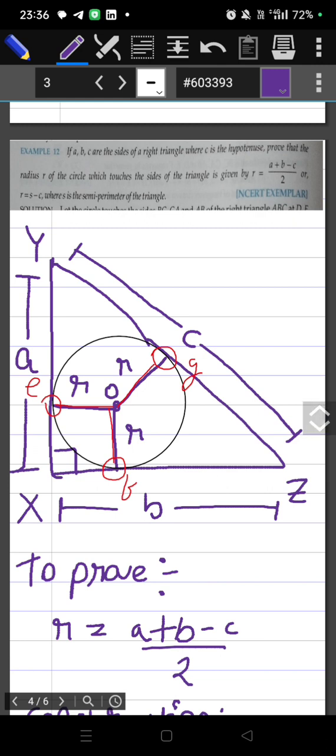Now what we are going to do, at first we will write YZ. If we break it down in the equation, YZ equals YG plus GZ.